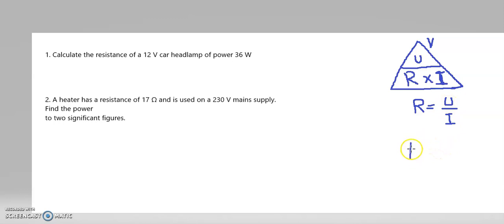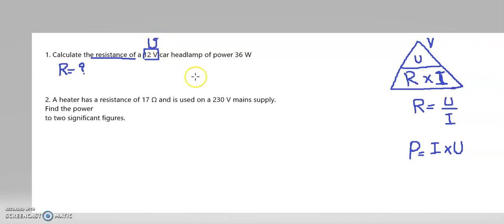We have also this formula for power. Power is voltage times the current, or current times the voltage. Like this. So let's have a look at this question here. Calculate the resistance. So we are looking for R. What are the given data? 12 volts. 12 volts means that this is voltage, because a volt is the unit of voltage.